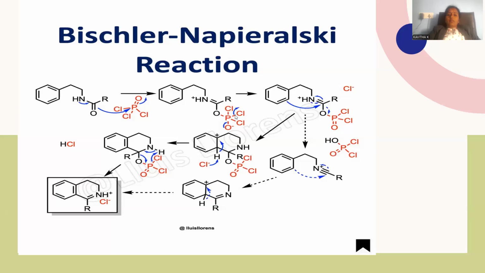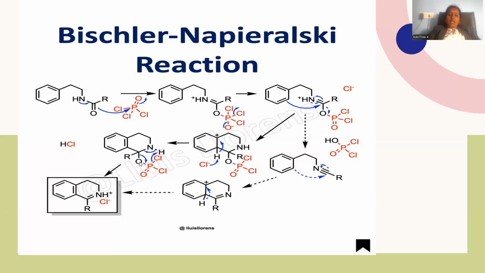So the removed chlorine, which departed from this phosphorus, can take up this H positive, so that the proton will be accepted by the chloride ion. Subsequently, bonded electrons are used to form a pi bond over there, so that aromatization is occurring. The aromatization gives rise to restoration of the benzene ring and the six-member ring system, and any other saturated ring system is located over there.